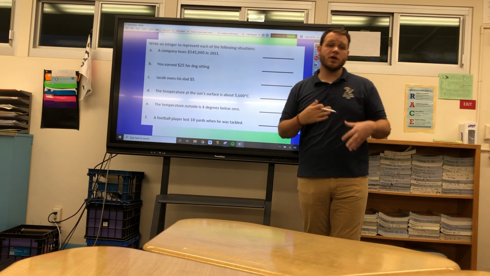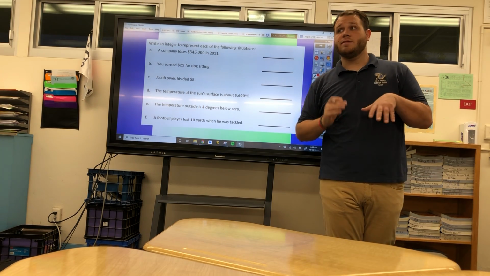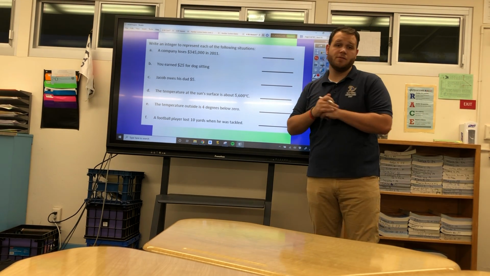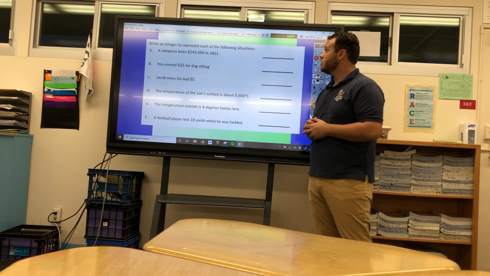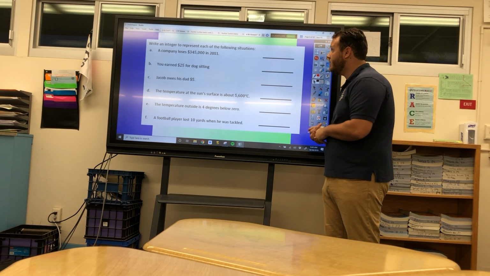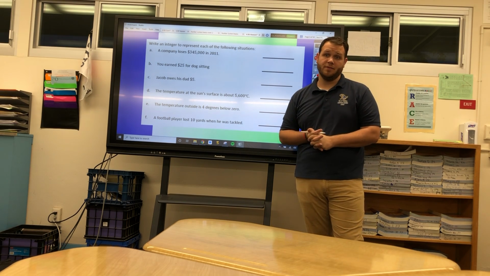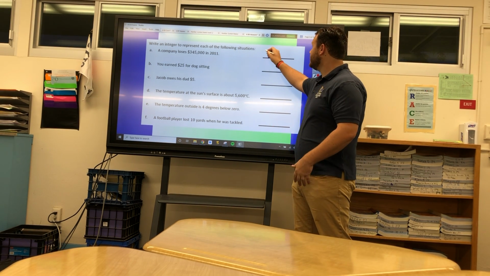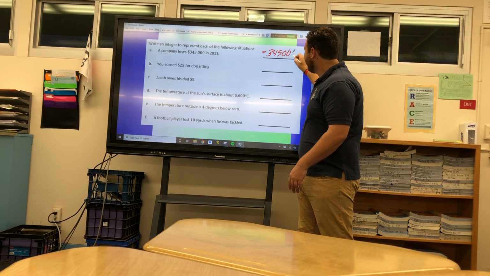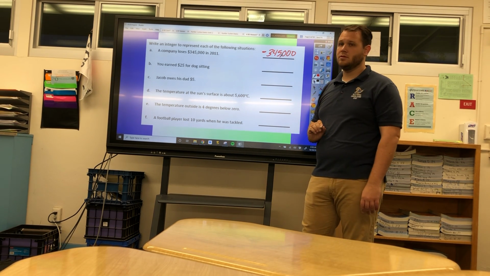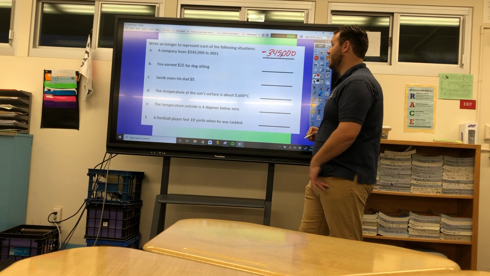Okay, we're going to work on representing some of these numbers in the form of integers. Okay, a company loses $345,000 in 2011. Guys, it's losing that money, so we're going to start with the negative sign and go ahead, 345,000. You earned $25 for dog sitting.